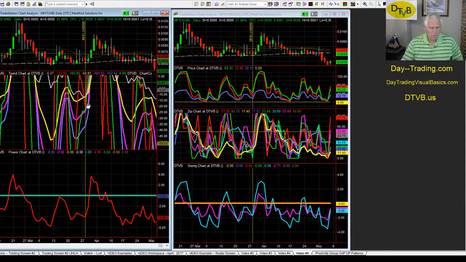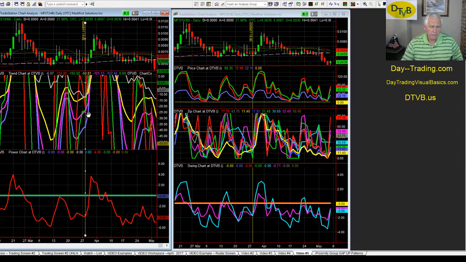in trend, trend red has down touched the pink, and trend green has crossed over. Trend green right now is at minus 23.86. The day before it was at minus 24.37. So it's gone up a little bit, but trend pink is at minus 24 and trend green is at minus 23.